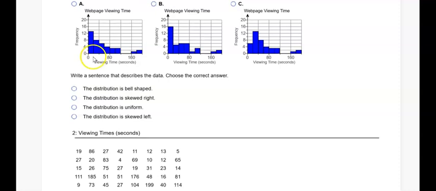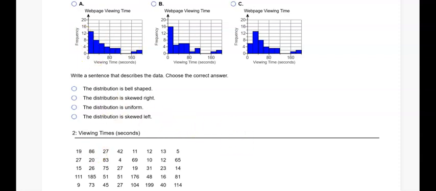So here, the classes are going to be 0 to 20, 21 to 40, 41 to 60, 61 to 80. So this is a class width of 20. You have to see what's the frequency of the first class, and you count the number of data values in each class and see which one is correct.